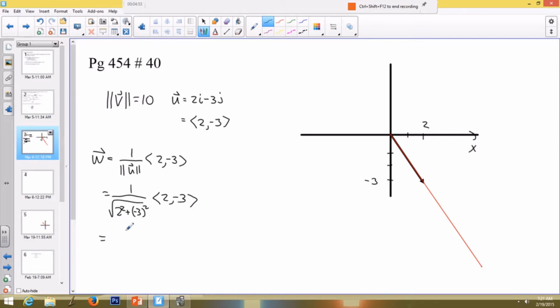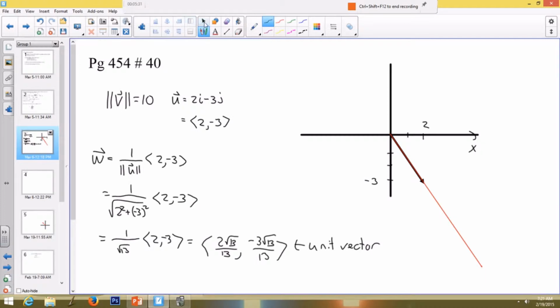And so I have 1 over the square root of 13 times <2, -3>. I distribute the 1 over square root of 13, and then multiply by square root of 13 over 13, which gives me <2 square root of 13 over 13, -3 square root of 13 over 13>. Now this is the unit vector.